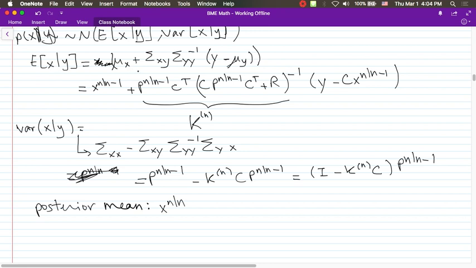It is the mean of this posterior: you take your prior and add the Kalman gain times the prediction error. That gives you the posterior mean. The posterior variance, P of n given n, is this term here.